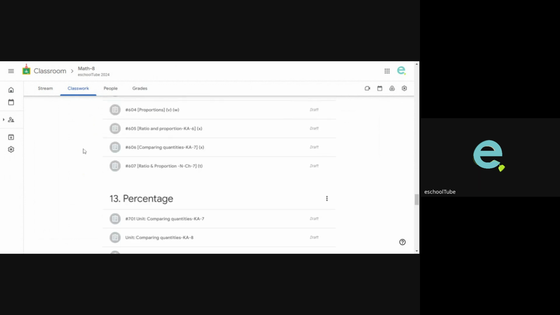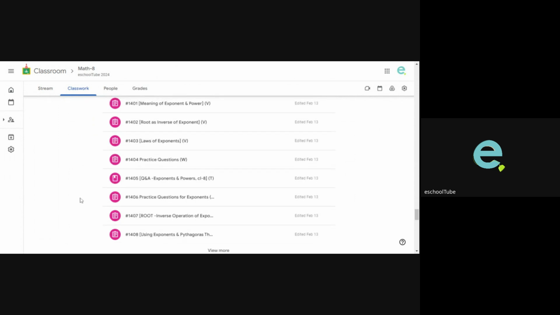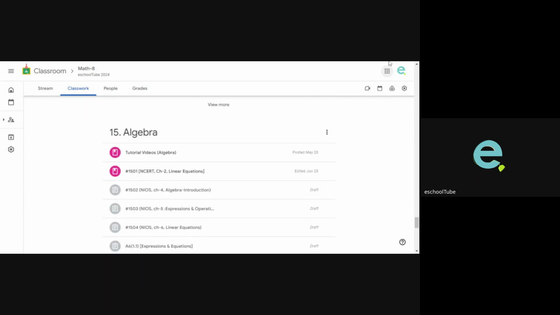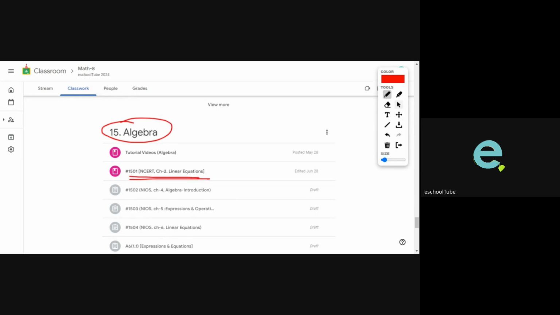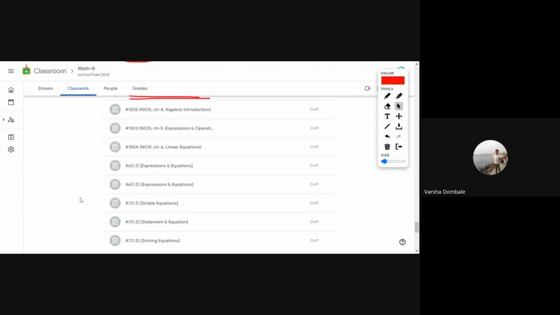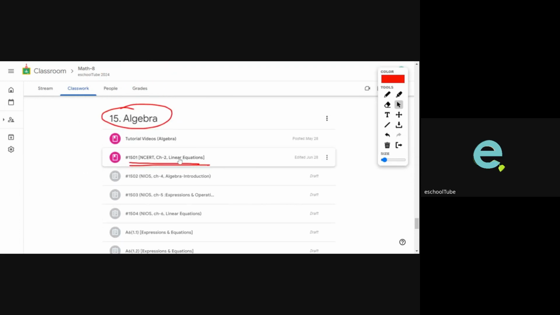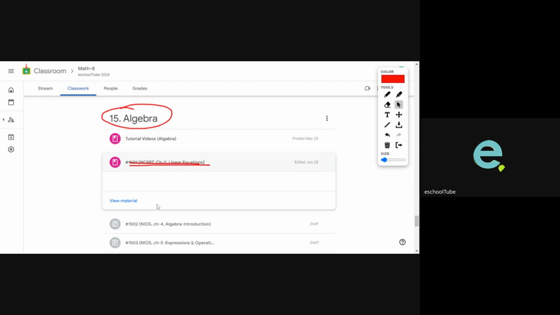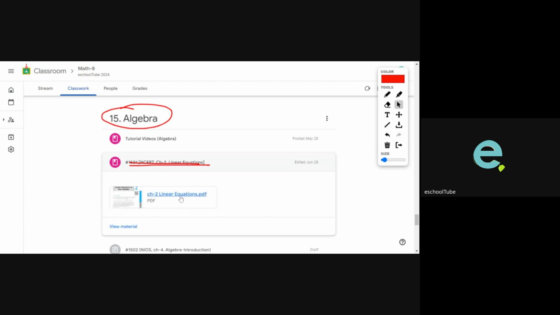That is in number 15. Algebra is topic number 15. And this is your chapter. Okay, linear equation. If you click this linear equation, I'll just show you what you should do.